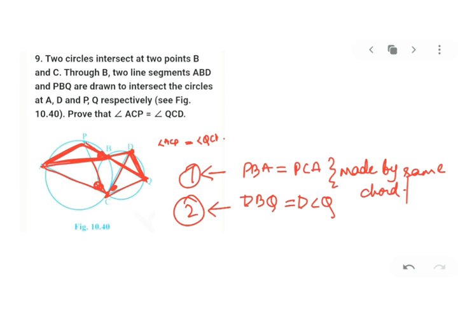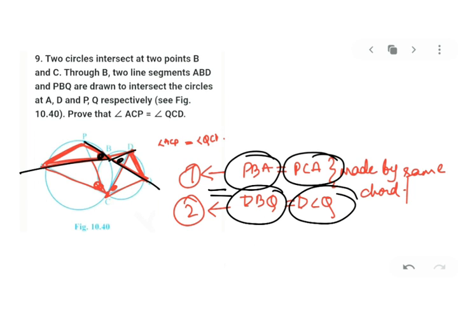If I take PBA and DBQ, can I say these are equal because they are vertically opposite angles? If PBA and DBQ are equal, can I say PCA is equal to DCQ? Yes, so angle PCA will be equal to angle DCQ. Will that be fine? Easy? So if the left hand sides are equal, so the right hand side will be. Okay, shall we pack up here? God bless.